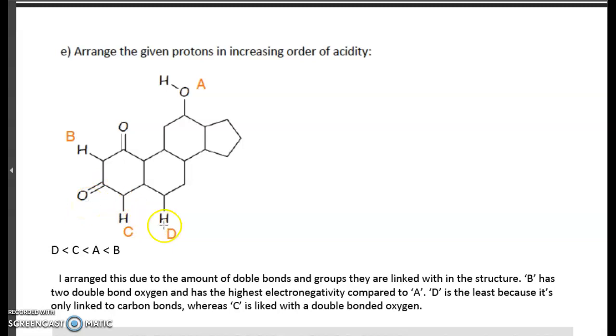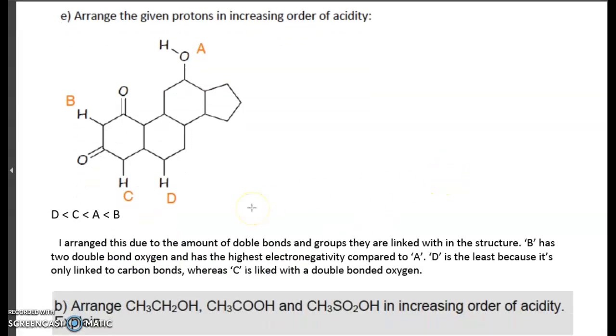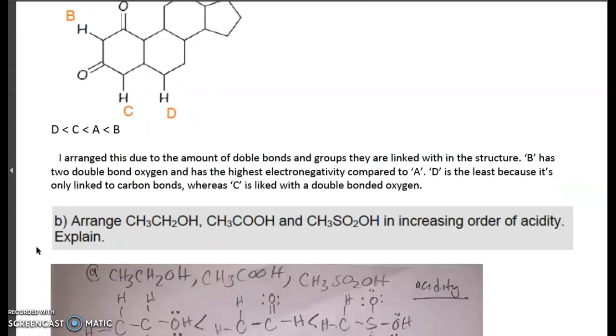So this acidity is much higher than D. So I'll put D as the lowest, C as the highest, and then A, due to not having as many covalent bonds as B. So B has a higher acidity compared to A. So as you see, D, C, A, B. As I said before, as I arrange further down here, it's due to the double bonds from B compared to A.